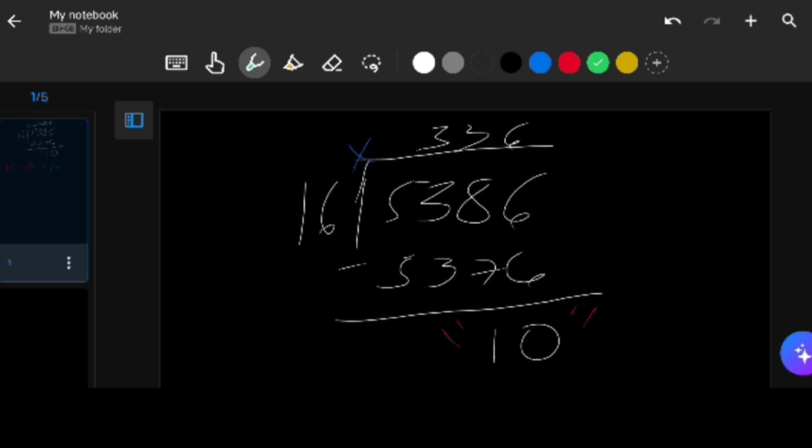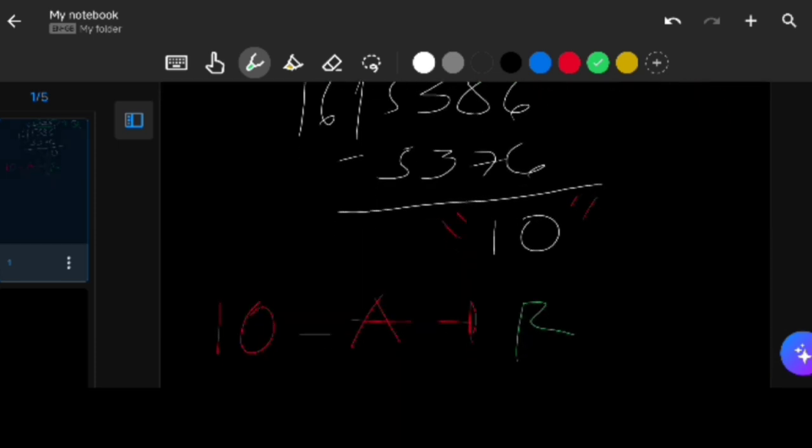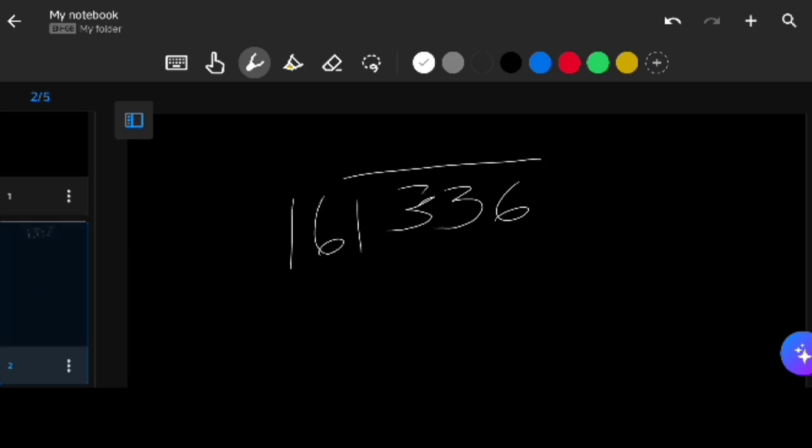And our first quotient is 336. Now, let's get the 336 and divide it by 16. So, 336 divided by 16 is 21.